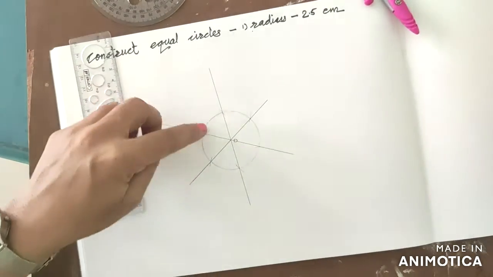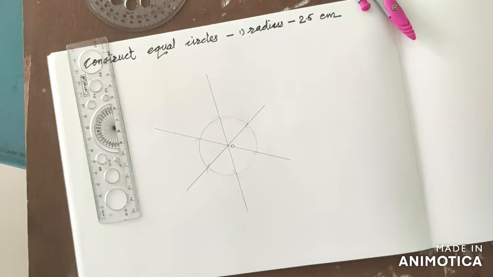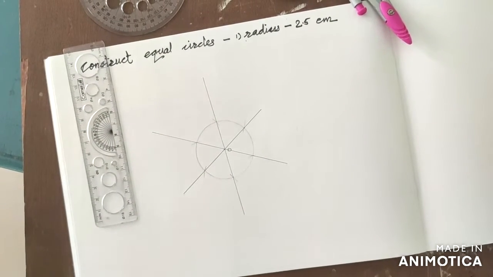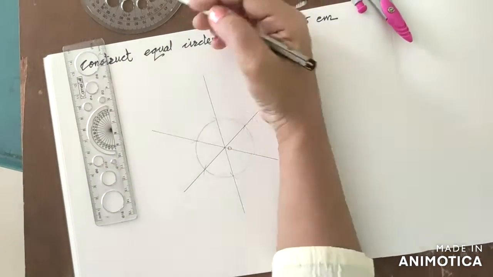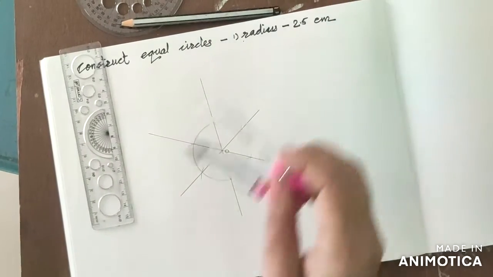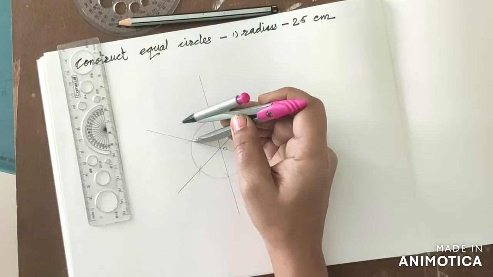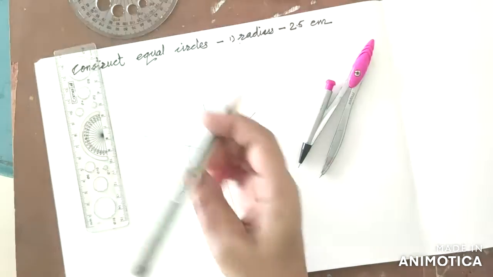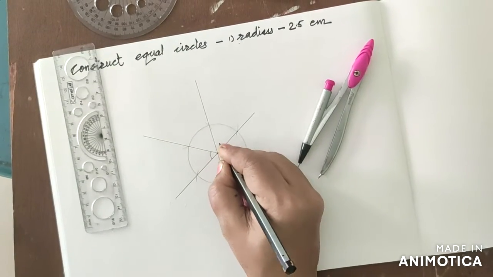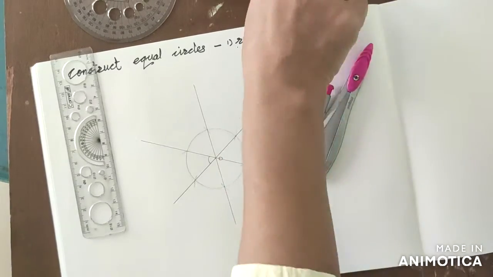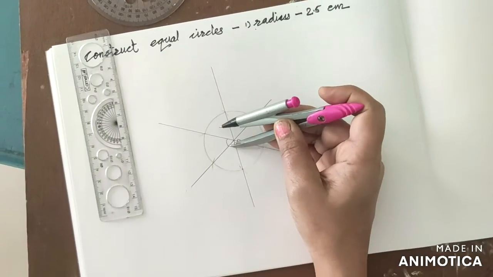We have to divide all the angles again to get 6 more parts, total 12. So for that we have to divide this angle, then these, then these, then these, like this. All the angles we have to divide. So let's start.